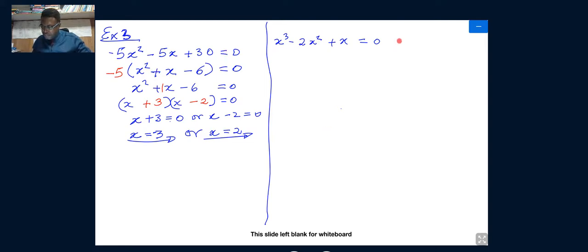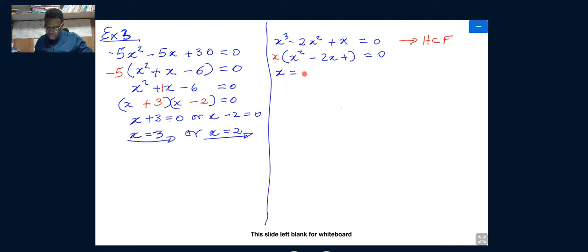We're going to look for the HCF. In this instance, the HCF is going to be a variable because we've got variables throughout. So that variable is x. Let me make it red. So we have x squared minus 2x plus 1 equal to 0.